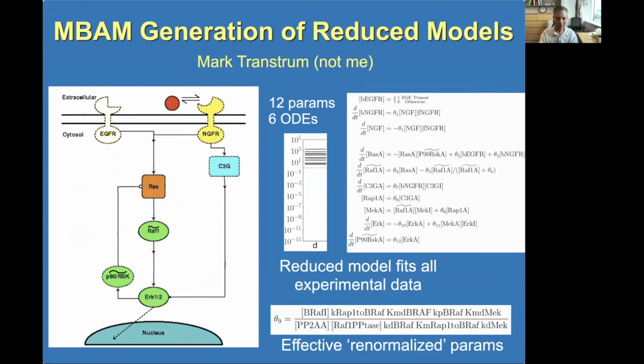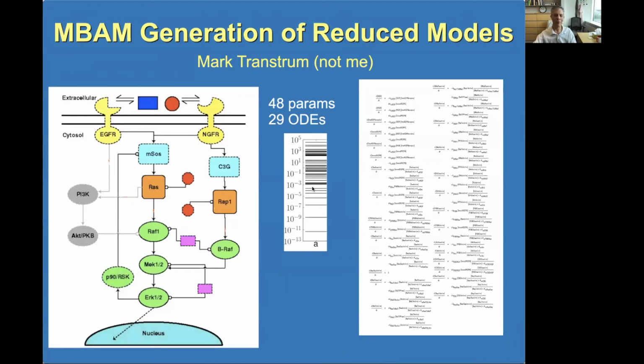Now, let me emphasize. First, notice I start off with some gigantic range of eigenvalues. I start off with a very complicated, messy system.